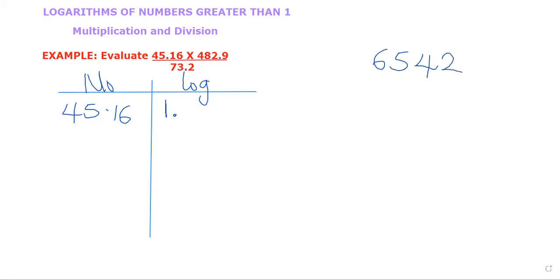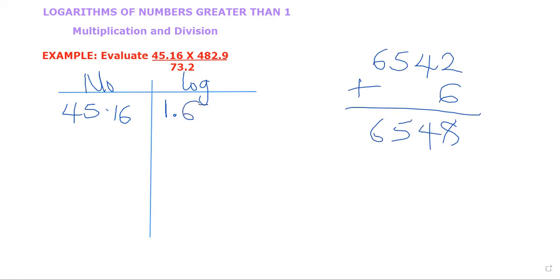Under difference, we see that difference 6 is 6. We add that up, and then we have 8, 4, 5, 6. So that would be our mantissa part.